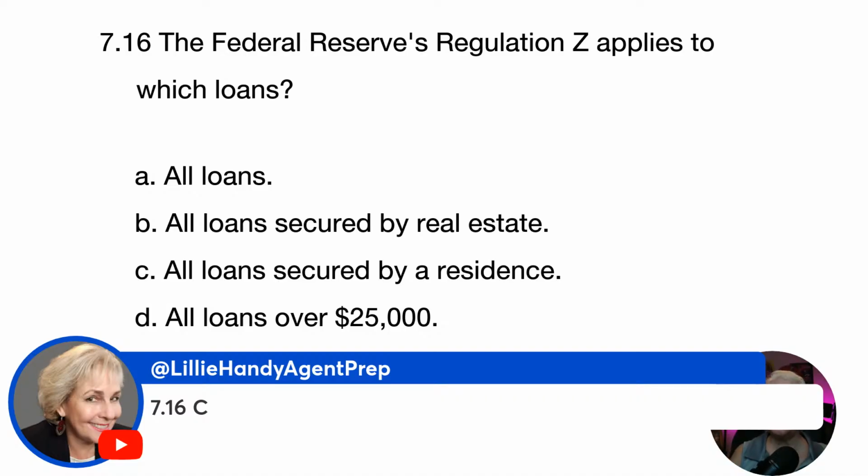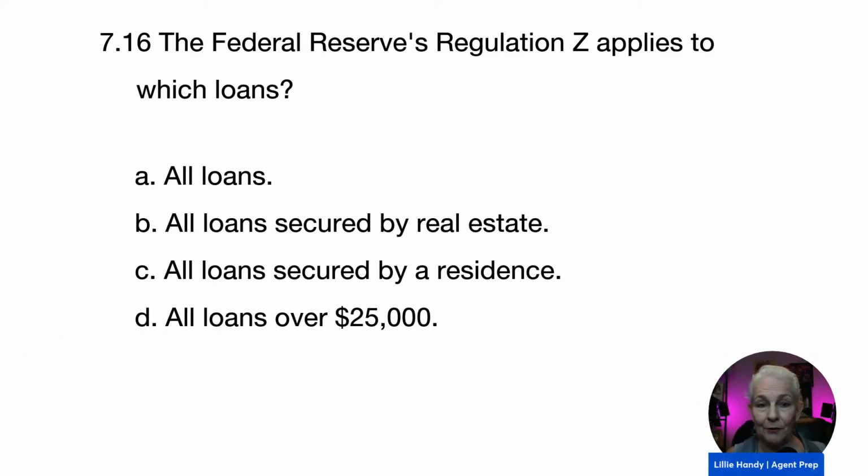Regulation Z applies to all loans secured by a residence. It does not apply to commercial loans or to agricultural loans over $25,000. Its provisions cover the disclosure of costs, the right to rescind the credit transaction, advertising credit offers, and penalties for noncompliance with the Act. The Federal Reserve Regulation Z.